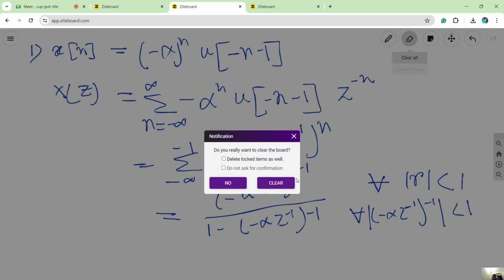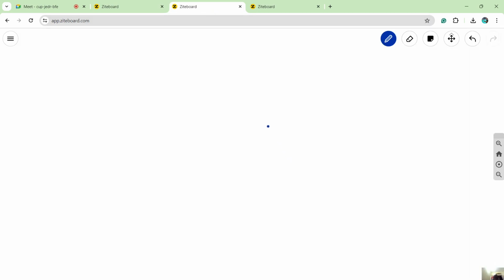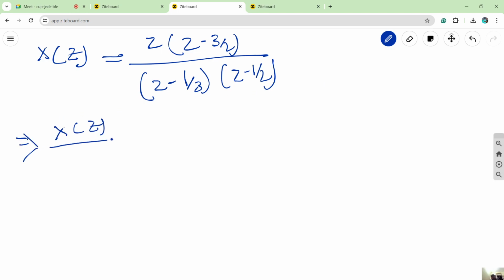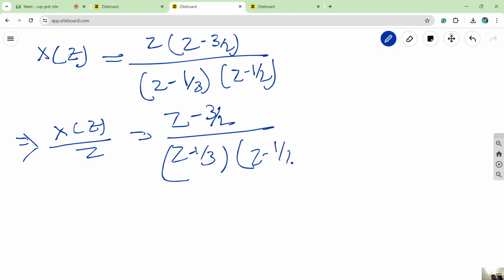So once again, I'm writing what is X of z. This is equal to z into z minus 3 by 2 by z minus 1 by 3 into z minus 1 by 2. So from this we can write X of z by z is equal to z minus 3 by 2 by z minus 1 by 3 with z minus 1 by 2.